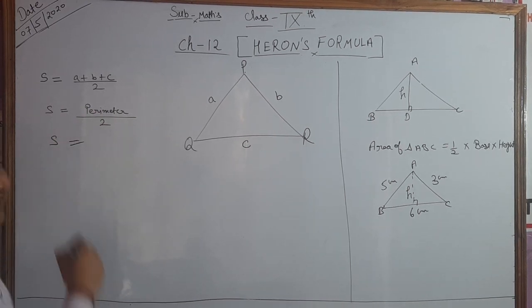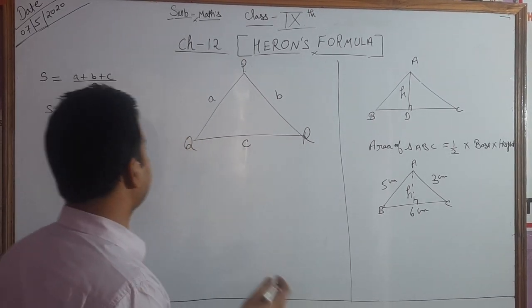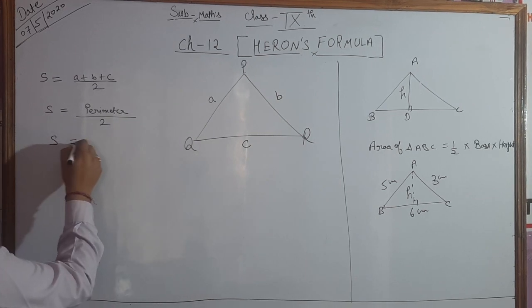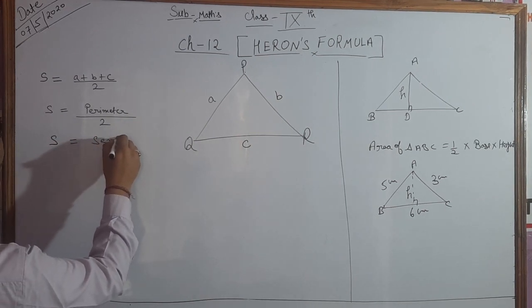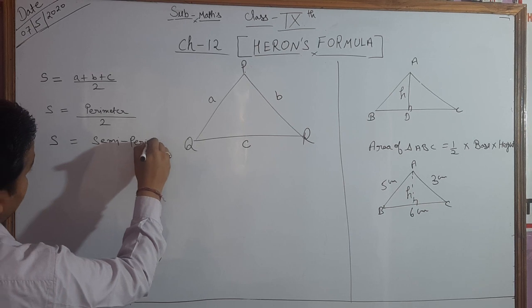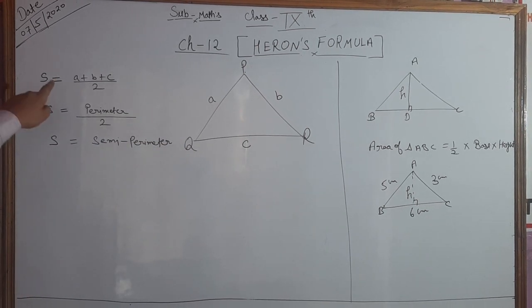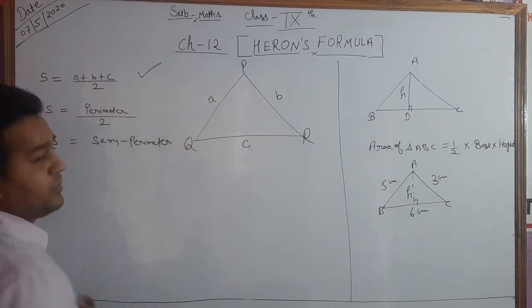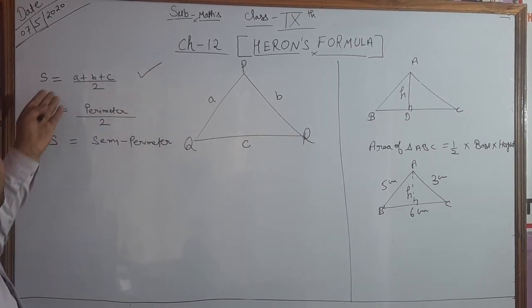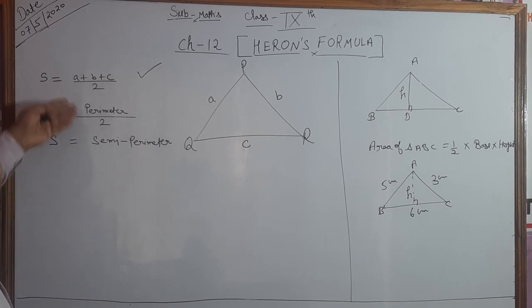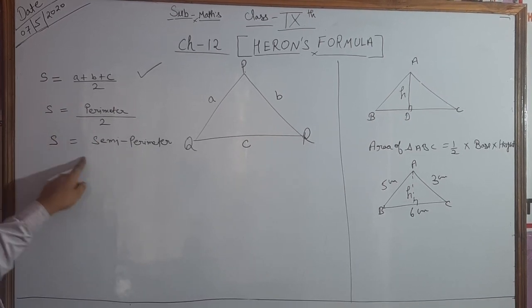Or we can say that S is a semi-perimeter. Semi means half. You know the semicircle? Semi-perimeter. So these are the three meanings of the same symbol S. Mathematically, S is equal to A plus B plus C by 2. Or if the perimeter is given, then directly perimeter by 2. And S represents the semi-perimeter, means half of the perimeter.